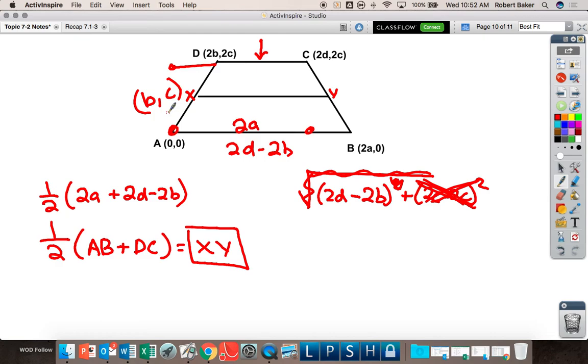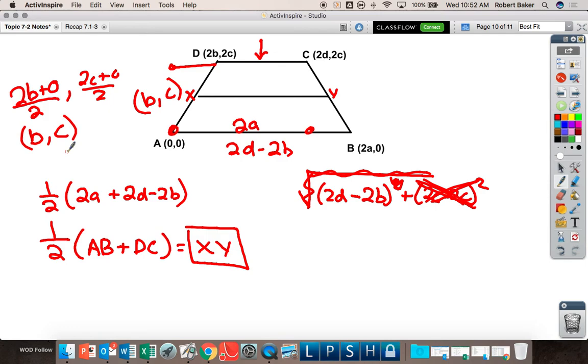Does that make sense? You can use the midpoint formula: x2 plus x1 divided by 2, comma, y2 plus y1 divided by 2. What is 2B divided by 2? B. What is 2C divided by 2? C. So using the midpoint formula confirms that the location of X is at (B, C), and Y would be at (D plus A, C).